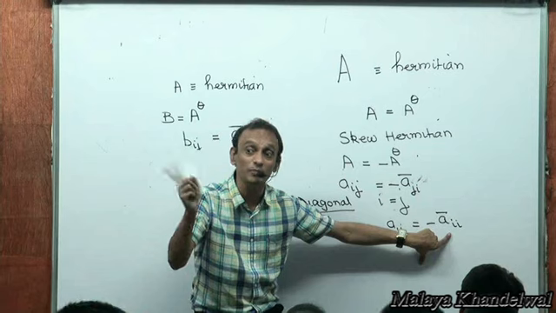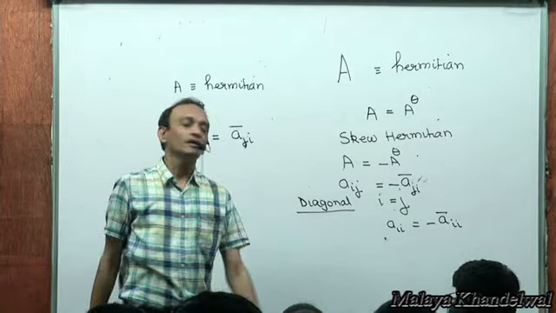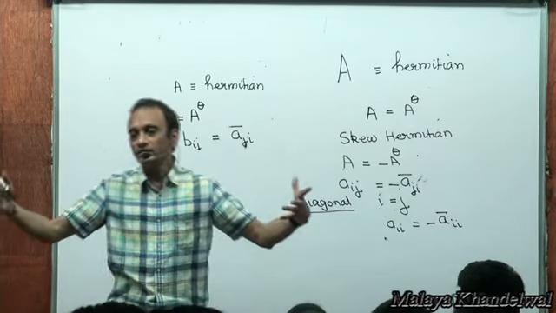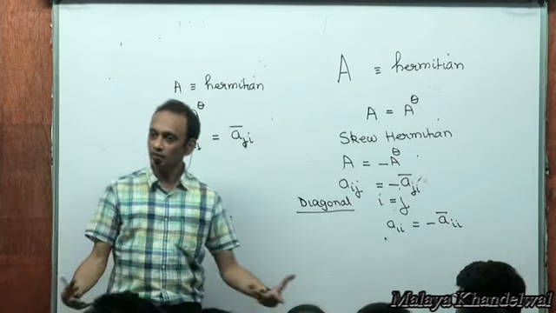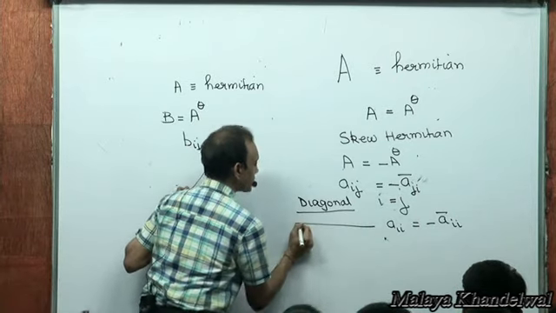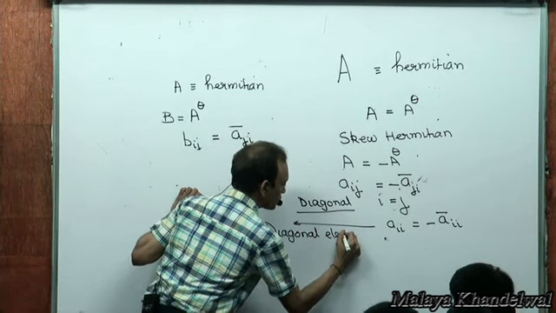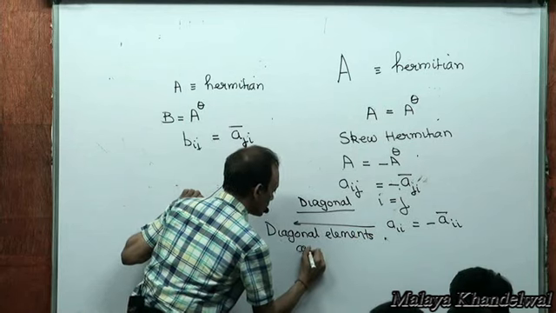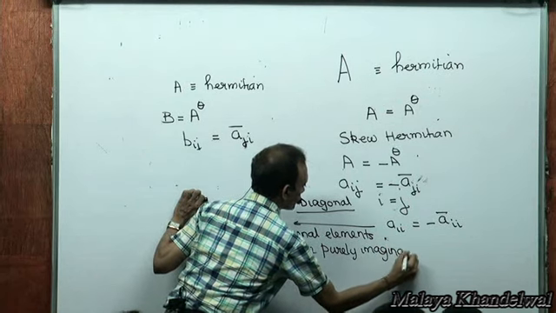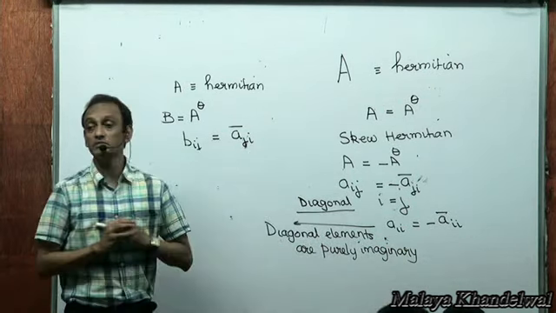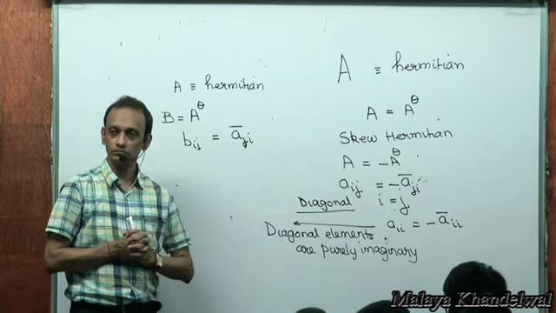So, diagonal elements are purely imaginary. Yes or no?